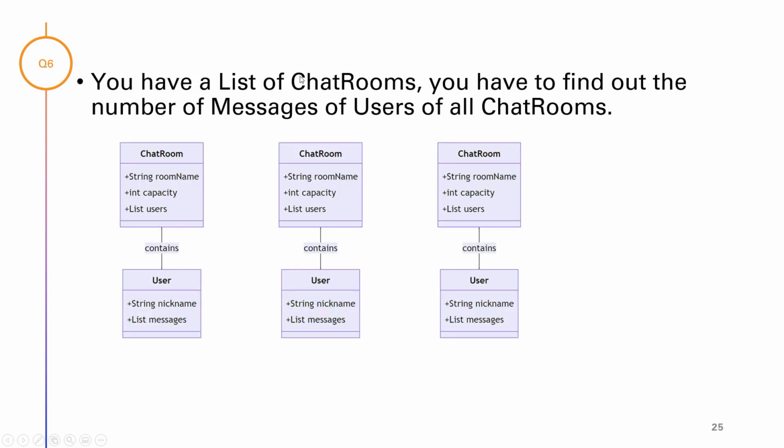Now the next one: you have a list of chat rooms and you have to find out the number of messages of users of all chat rooms. Each chat room has a list of users, and each user has a list of messages. When you want the total number of messages of all chat rooms, you have to flatten the messages as well.